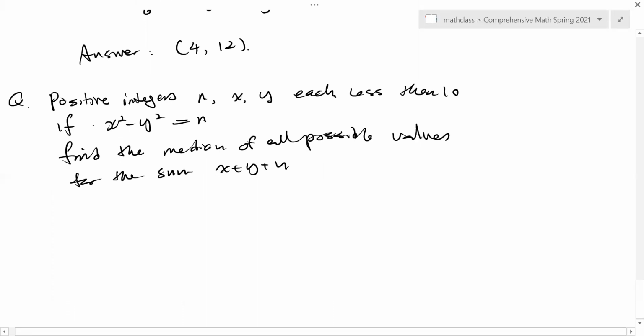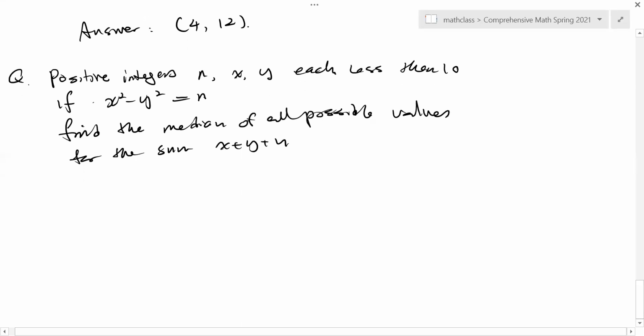Then you add them together, then you find the median, right? There's no trick here, just try to find possible solutions.